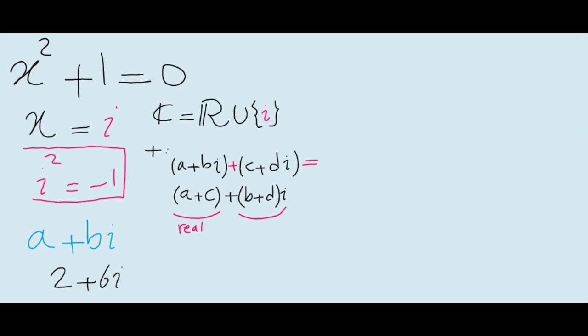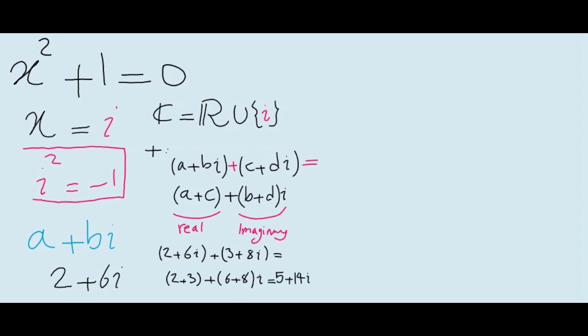The real part comes from the real parts of the two complex numbers. Similarly for the imaginary part. For example, (2 + 6i) + (3 + 8i) = (2 + 3) + (6 + 8)i = 5 + 14i.